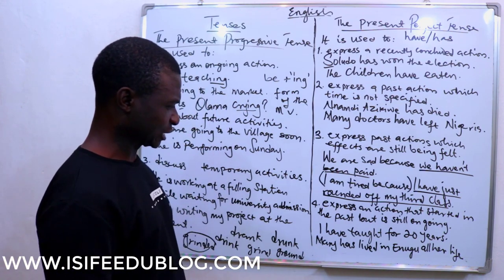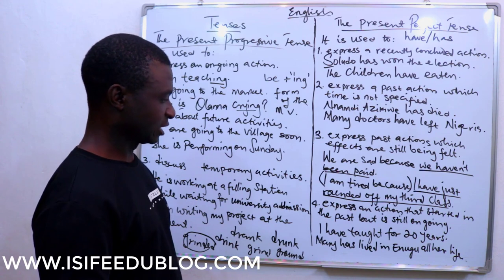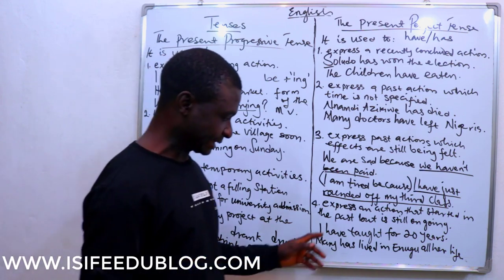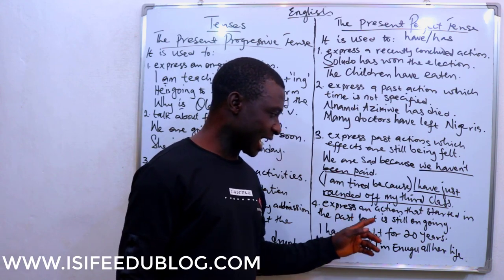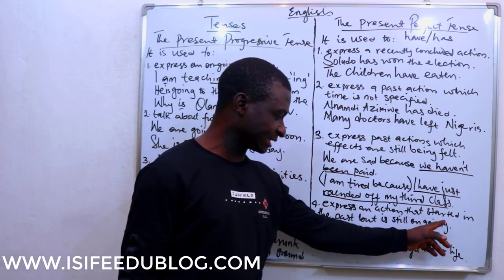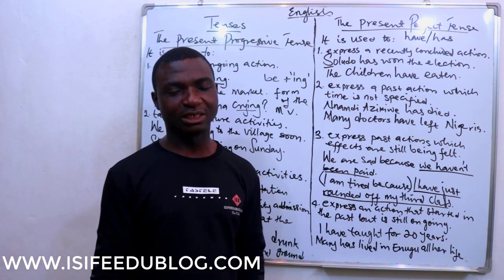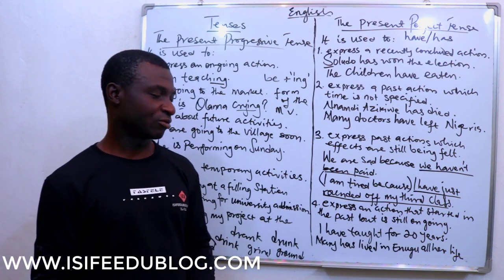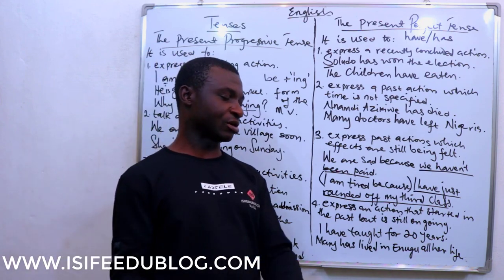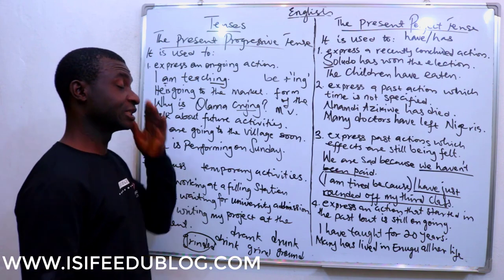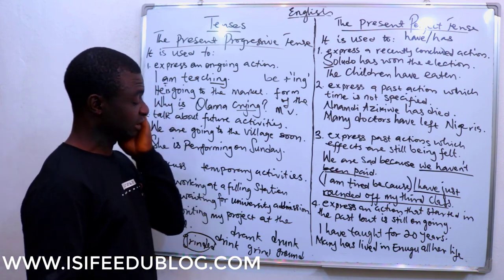Then the last one is that we use the present perfect tense to express an action that started in the past but is still ongoing. This action started way back but is still ongoing. We use the present perfect tense to describe such events.